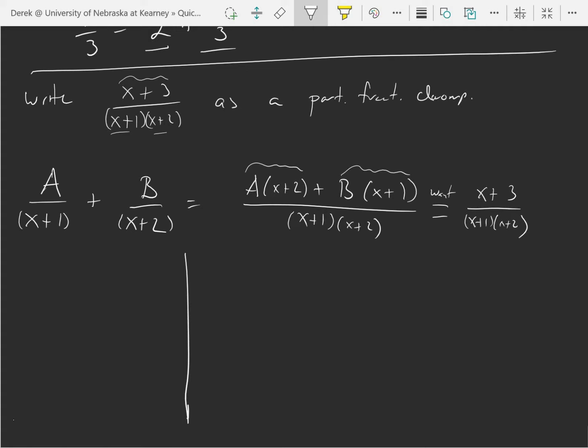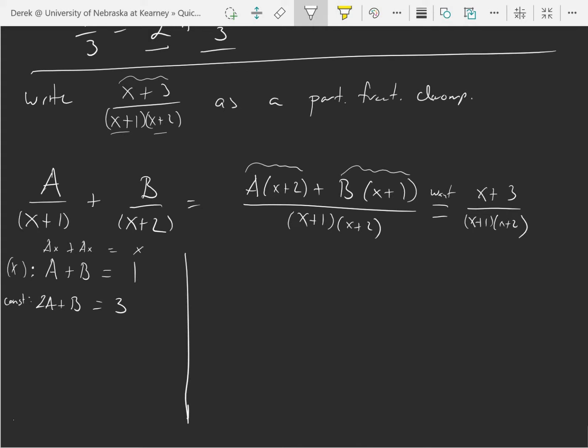So the x terms are ax plus bx equals 1x. On the left hand side I've got ax plus bx, and on the right hand side I've got x. That gives me an equation in the two unknowns that says that a plus b equals 1, and then I've got a constant term where I've got 2a as a constant on the left plus b as a constant on the left is equal to 3.